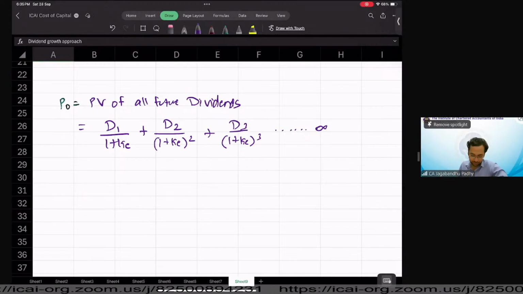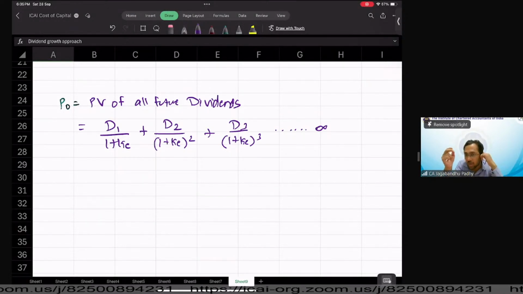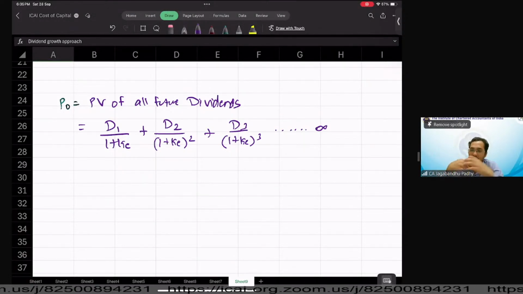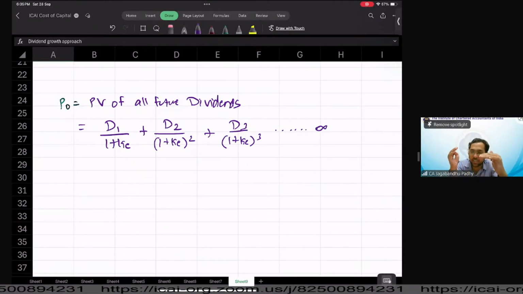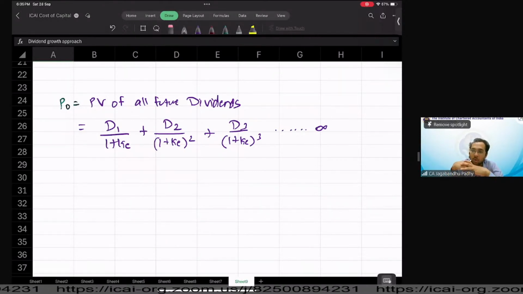Now, can you tell me, do you expect the first year dividend, second year dividend, third year dividend, fourth year dividend to remain constant? Being an equity shareholder, think about your parents. Were they expecting the same percentage from you every time you scored something, or did they expect a growth in your performance?